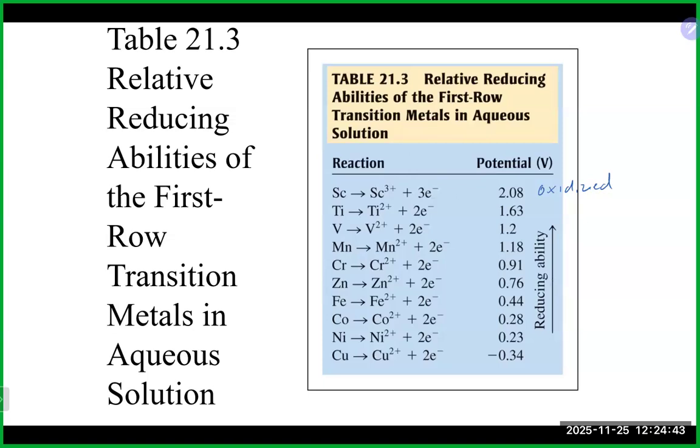But you may also notice that these reactions are not reduction reactions, but they are all oxidation reactions. So what you're looking at here is like an SOP, the standard oxidation potential, rather than reduction potential. If we were to reverse all these reactions, we would have to change the sign for all these guys, right?